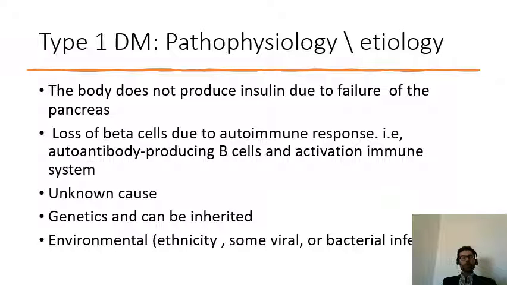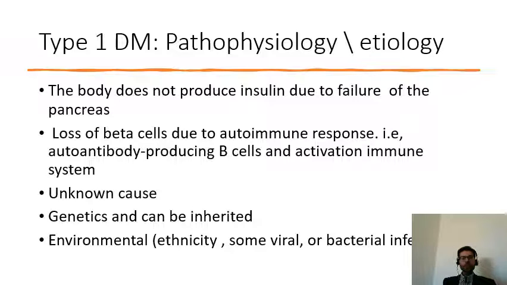However, some studies showed that type 1 can be inherited. Some cases were reported to be inherited from their parents. Also, some environmental factors such as getting some bacterial or viral infections or the impact of ethnicity have been shown to be associated with developing type 1 diabetes mellitus.